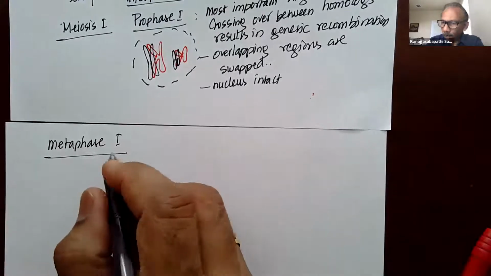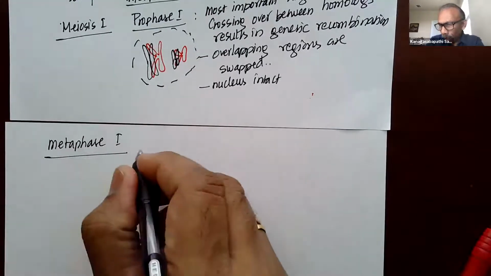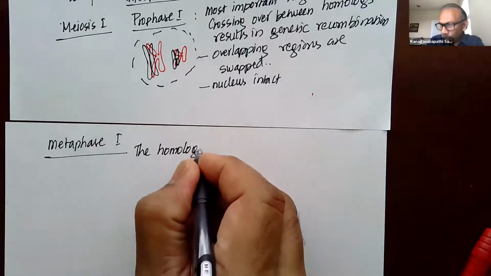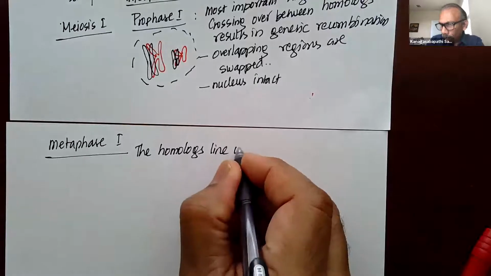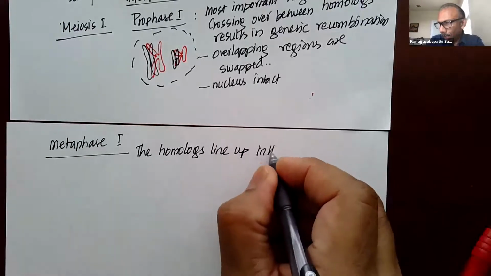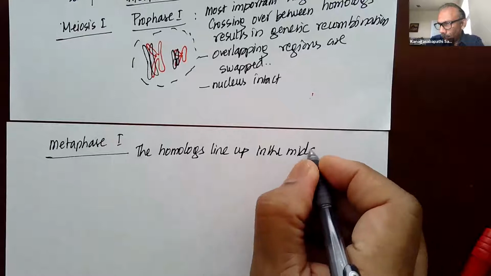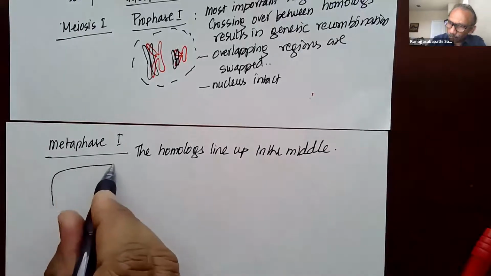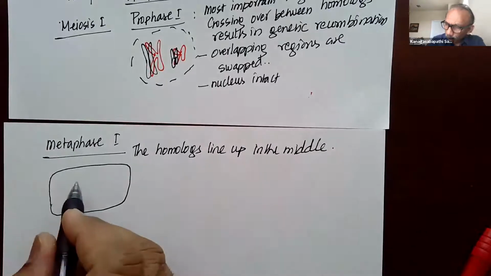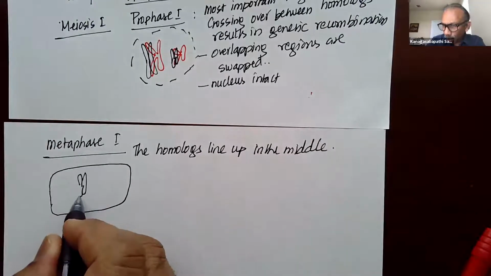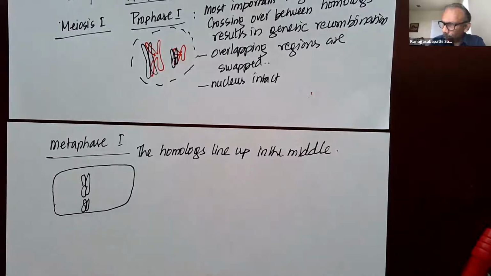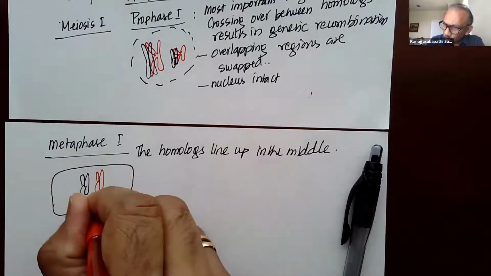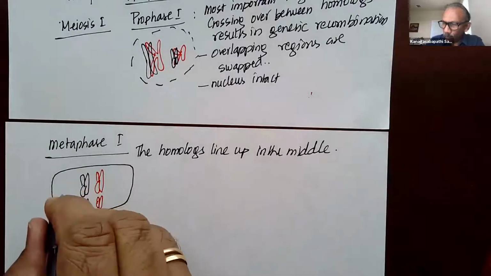So in metaphase 1, the homologs line up in the middle. So when the homologs line up in the middle, if you have the cells like this, you have one homologous chromosome, another homologous chromosome, and so this can go in so many different ways.